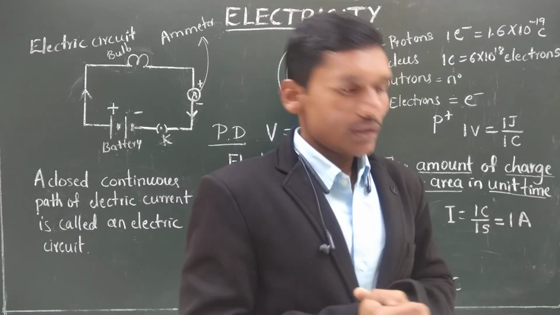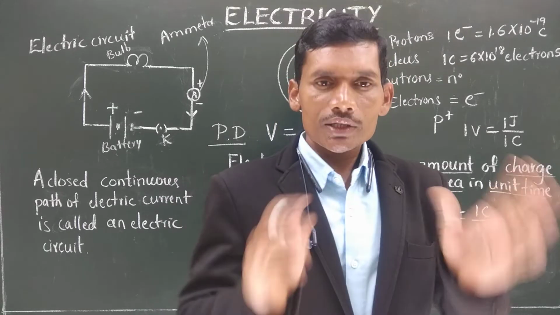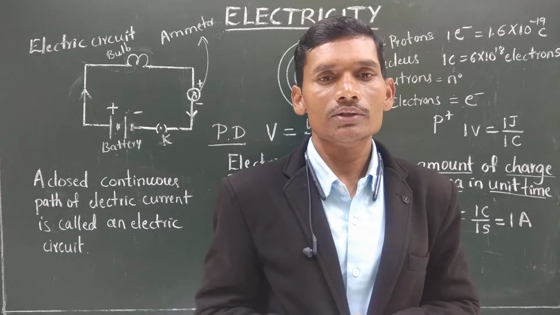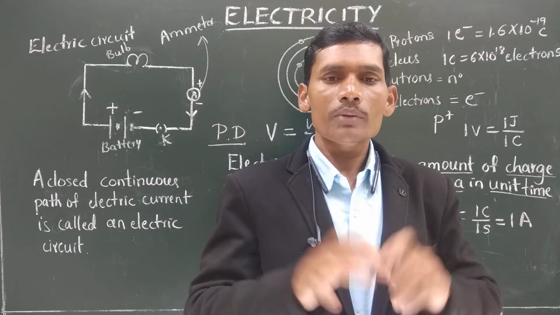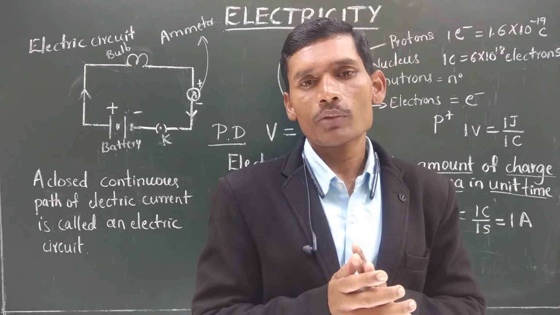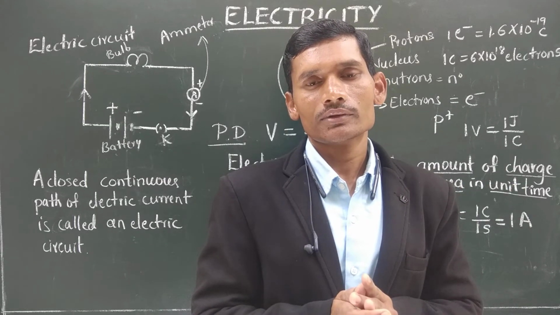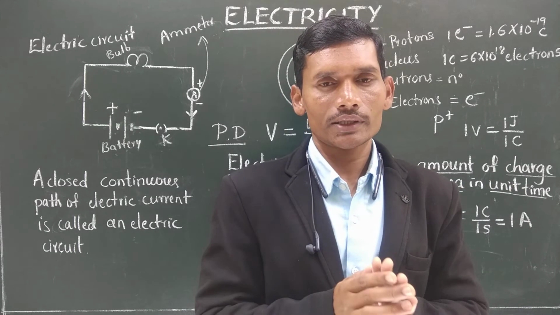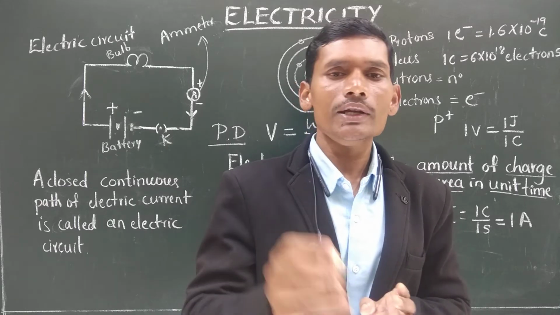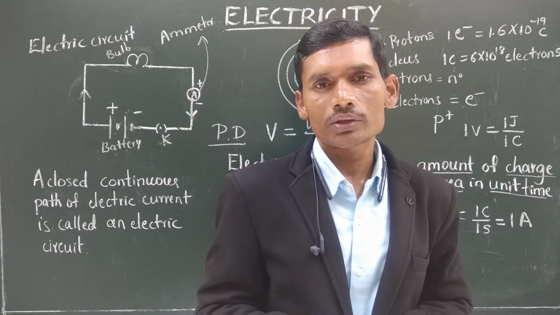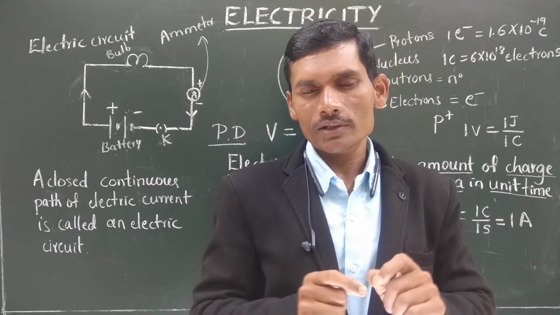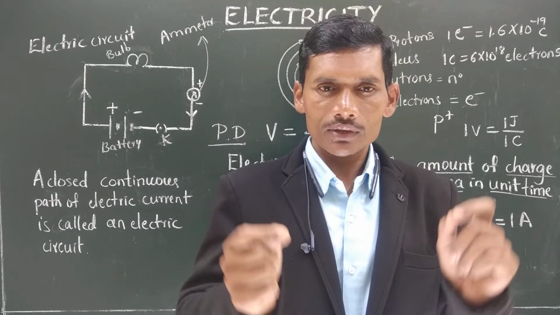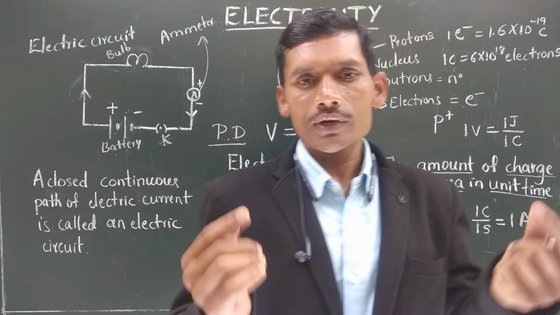To measure this potential difference, there is a device called a voltmeter. The voltmeter is used to measure the potential difference in any conductor. How is this voltmeter connected in a circuit? First, a little clearer idea of how potential difference is generated.